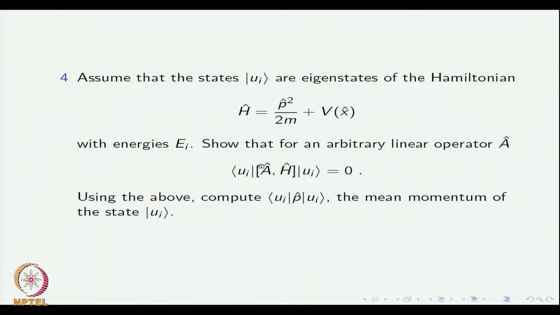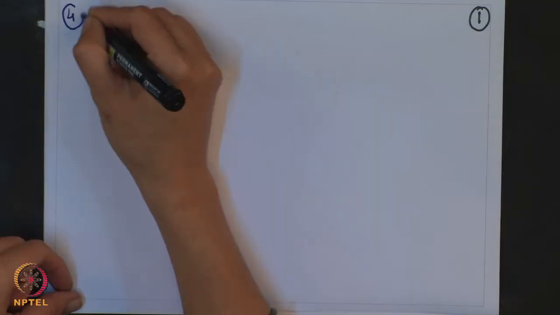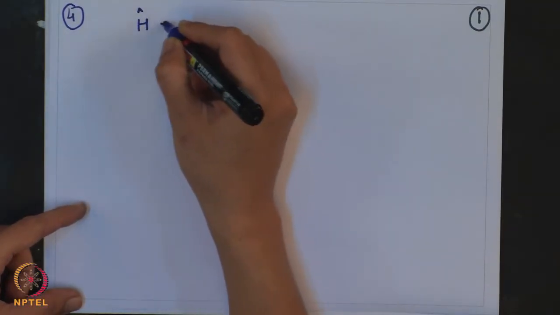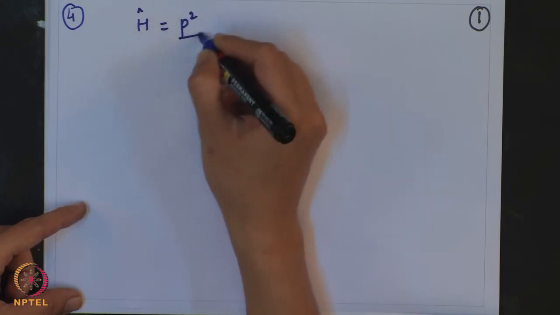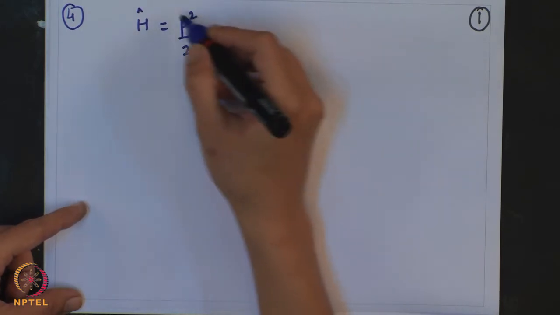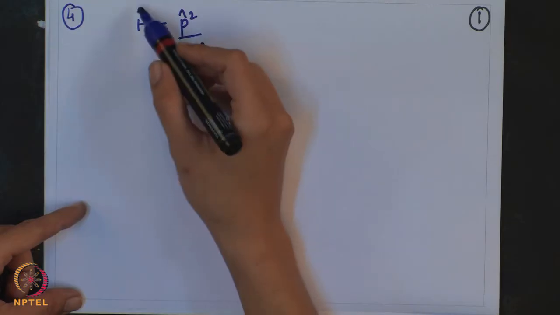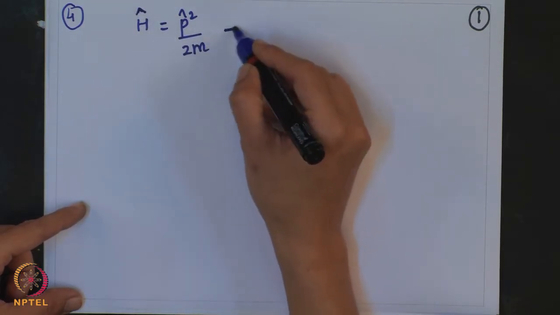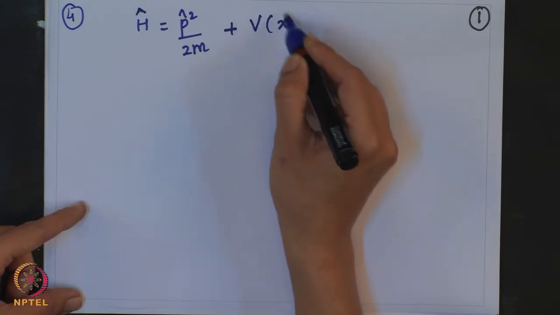So, let us start doing this fourth problem. You are given a Hamiltonian operator as p square upon 2m. P is an operator, H is the Hamiltonian operator. So, p square upon 2m plus V of x.